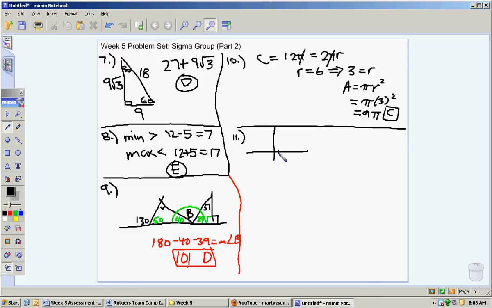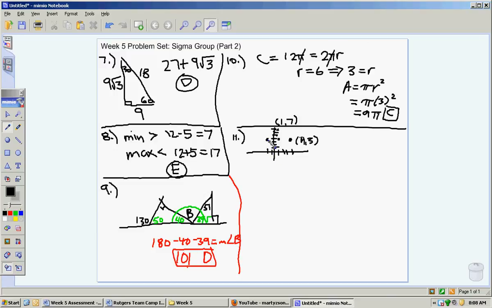3 to the right takes us out to 4, 3. We go up 3, taking us to 1, 7. We go 3 to the left, takes us to negative 2, 4. I just realized I can't count over here.